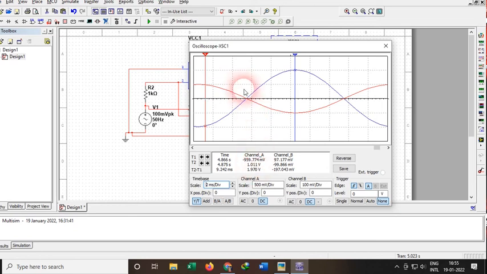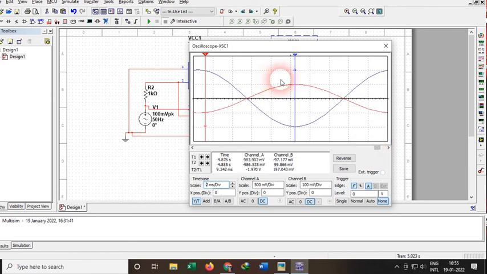Similarly, I'm going to take the maximum value of this negative input wave here. Here I will use the first cursor now, so that you could learn that also. I'm going to click on this red wave, and yes, this one is the maximum point.